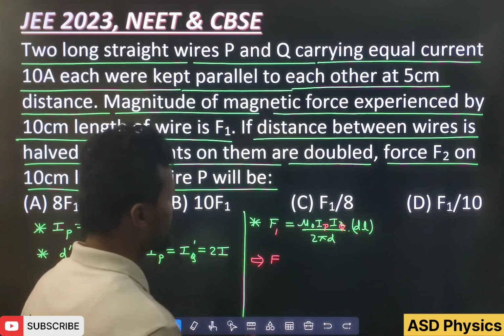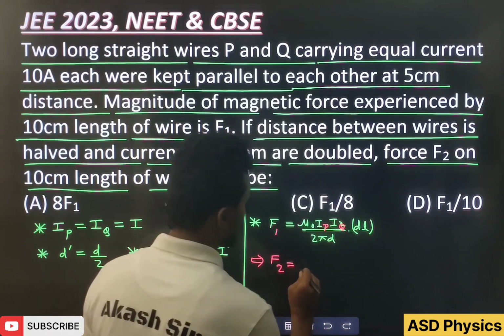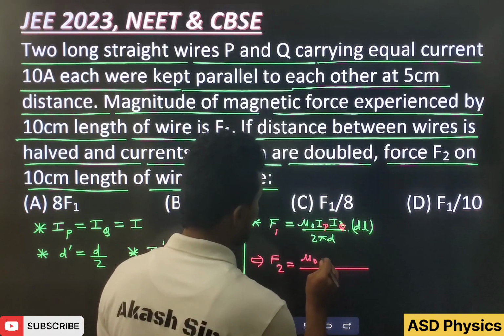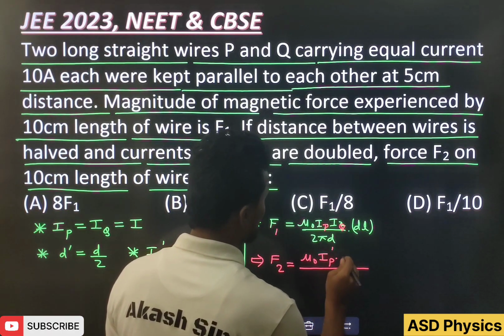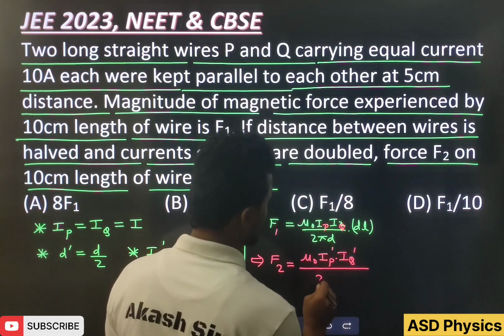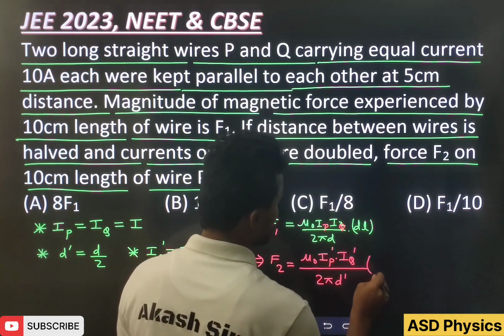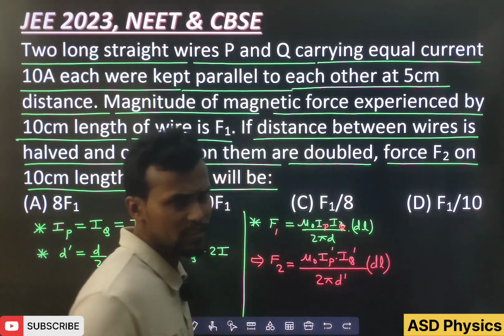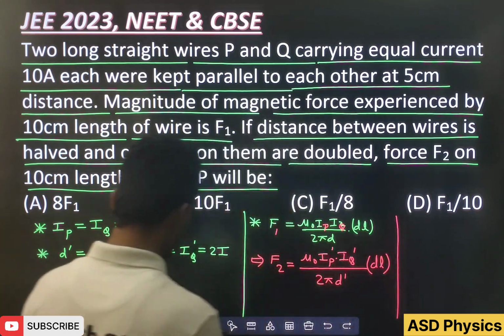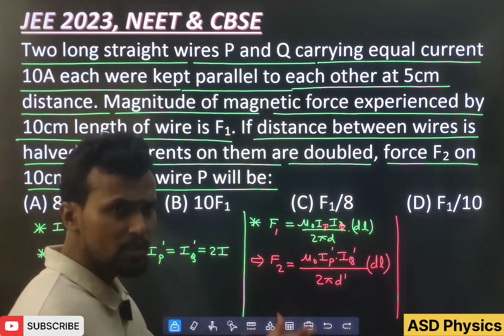This is the F1. After that, if I write here the new force F2, what is the new force F2? Kindly see here, mu naught IP dash IQ dash by 2 pi d dash, and length is what? Same only, dl length only. Okay. Now after that, students, I will just divide them.